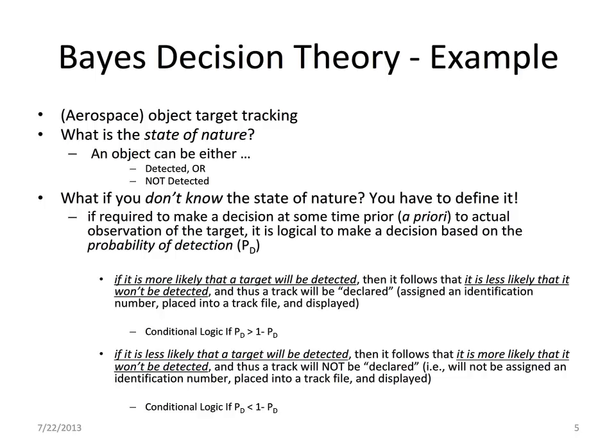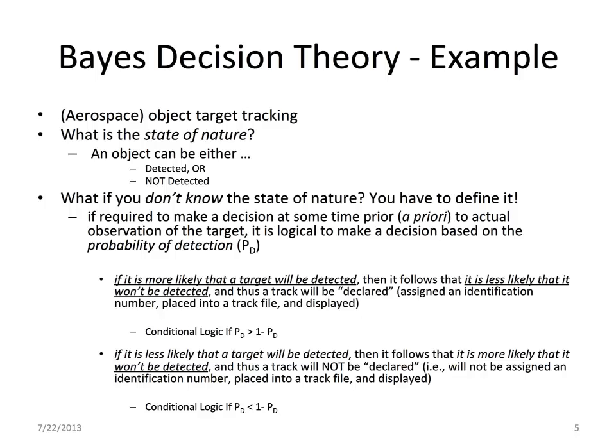If you are required to make a decision at some time prior to actual observation, we call that a priori. It's logical to make a decision based on the probability of detection. If it's more likely that the target's detected, I have a note, it's less likely that it won't be detected, so you can declare a track.